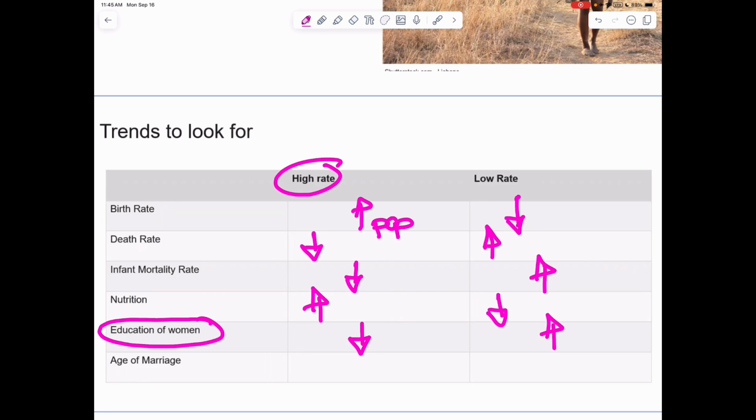And then finally, age of marriage. If we marry at a much later time in life, if that's a high year, then we're going to decrease that population because we're not producing as many children most of the time. However, when we marry at a lower age, we're going to increase the population most of the time because there's more years for that reproduction to happen.